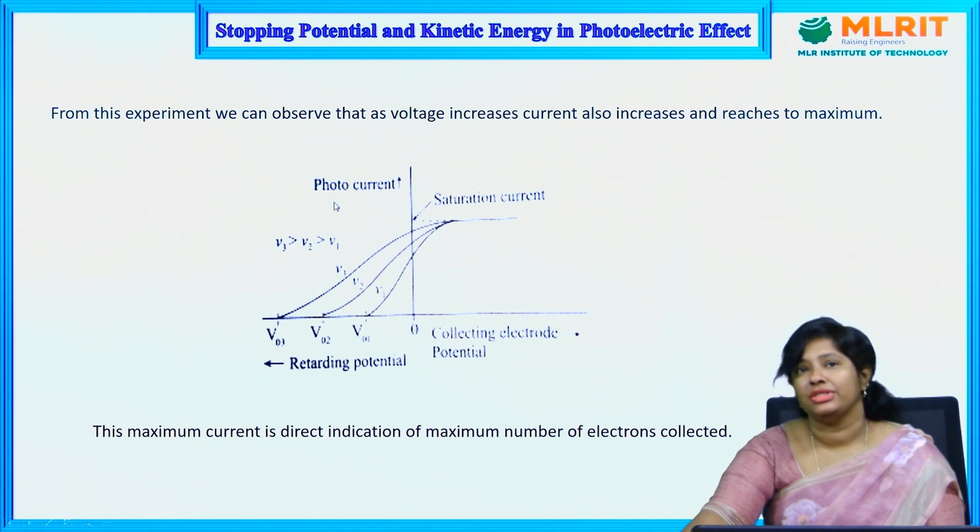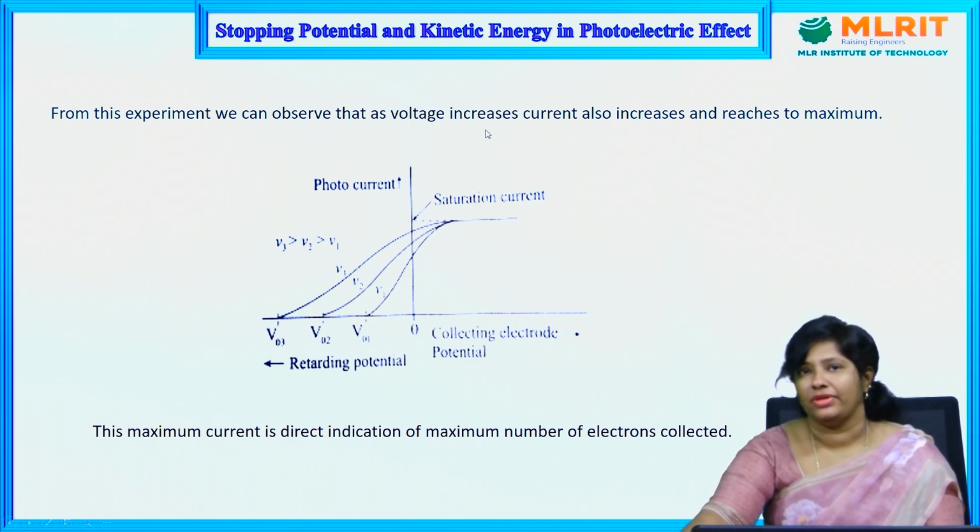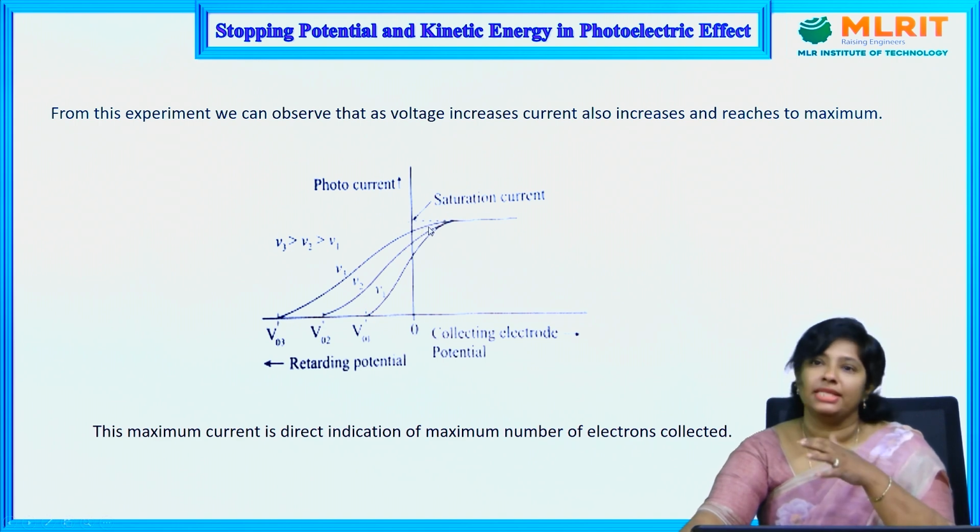As the voltage is increased, the current slowly starts increasing, and at a certain voltage, we can observe that the photocurrent reaches its maximum. That particular maximum current is called the saturation current. As the voltage increases from V1, V2, this is the negative potential, and we are concentrating on this saturation current here.